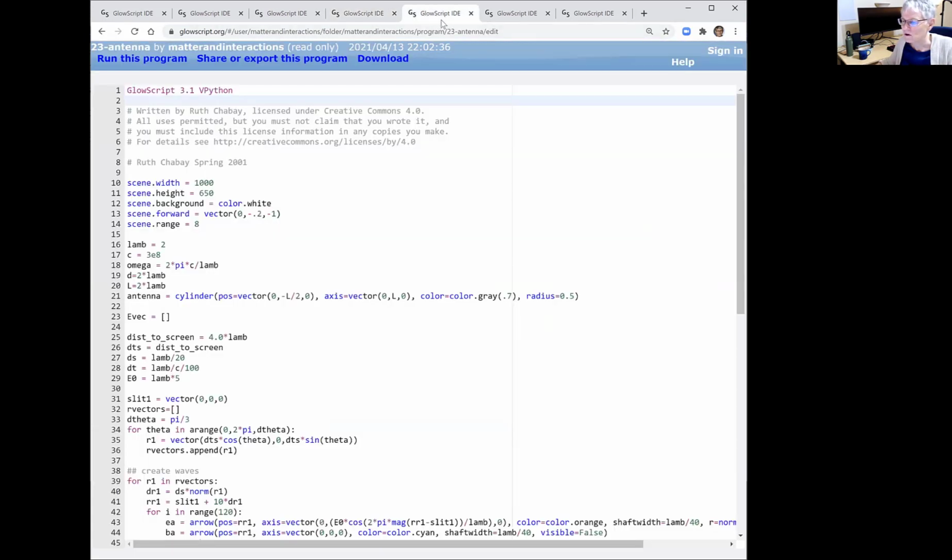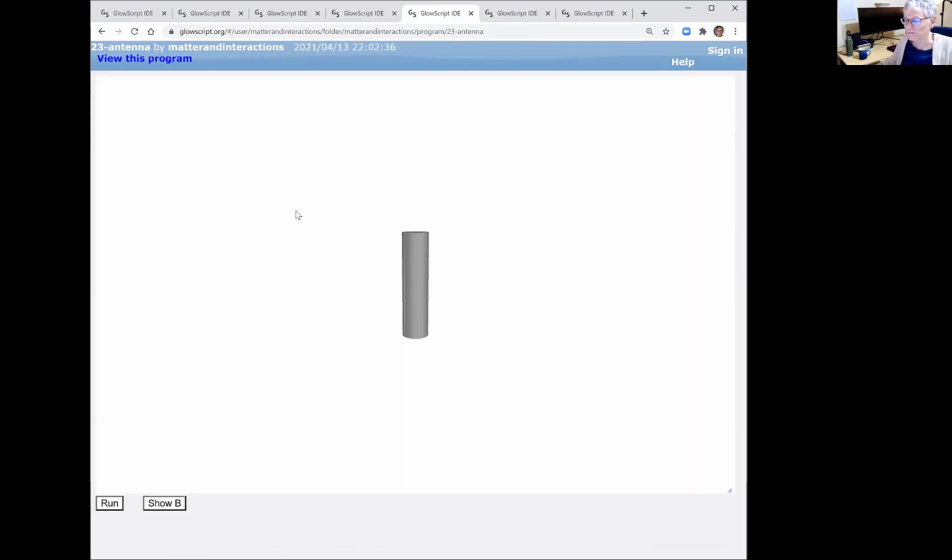And so here's a little antenna. This is just a little piece of a metal bar that's connected to a power supply. And suppose our power supply provides a sinusoidally oscillating potential difference to drive a current in this antenna.